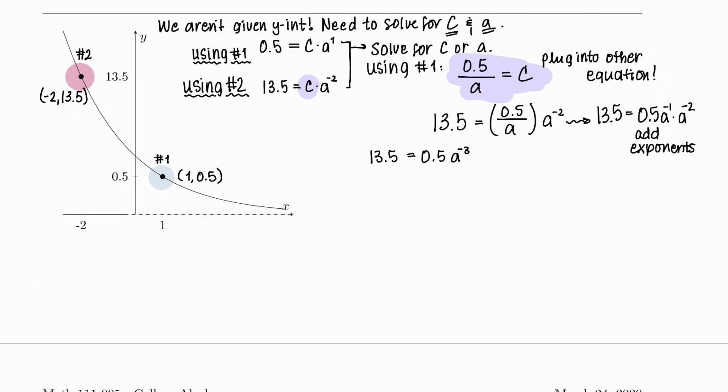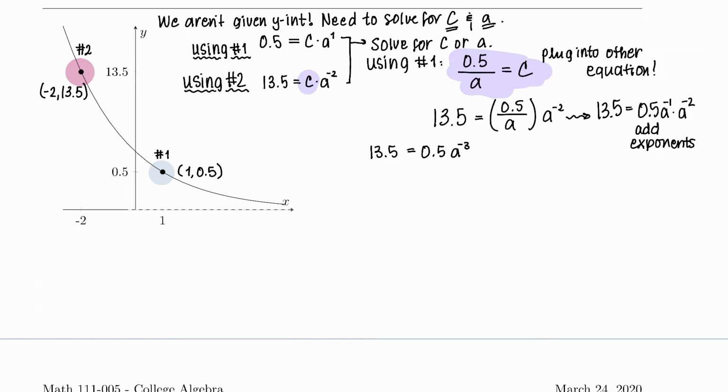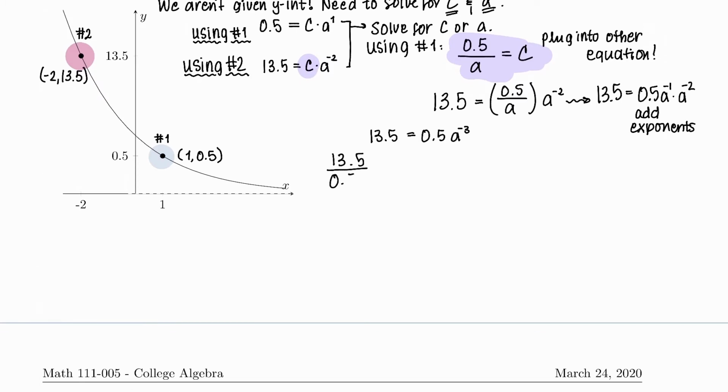To solve for A, I'm going to divide both sides by 0.5. So I get 13.5 divided by 0.5 is equal to A to the negative 3. And then I want to solve for A. There's two things I could do here. If the negative 3 is bothering you, you can flip everything to make it a positive 3, right? So instead write 0.5 over 13.5 is equal to A cubed. But I'm not going to do that.